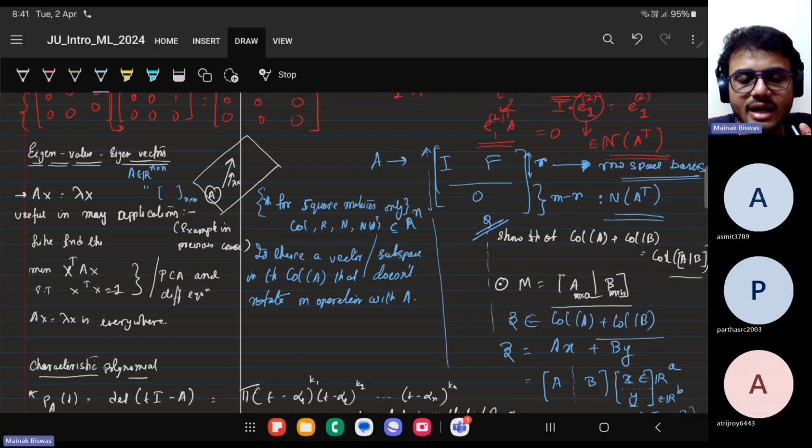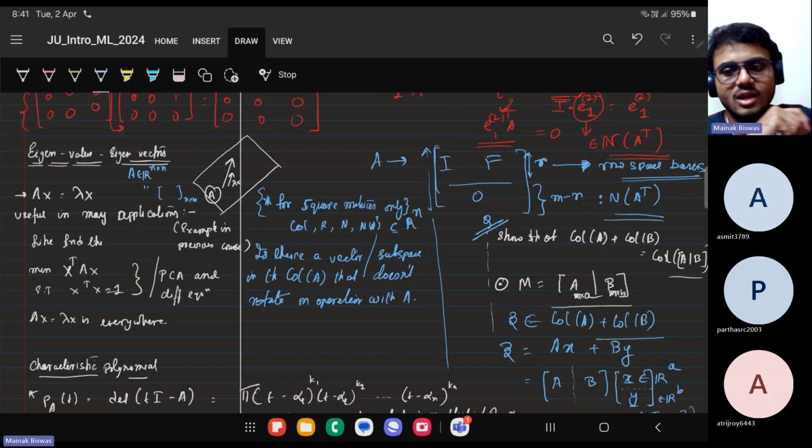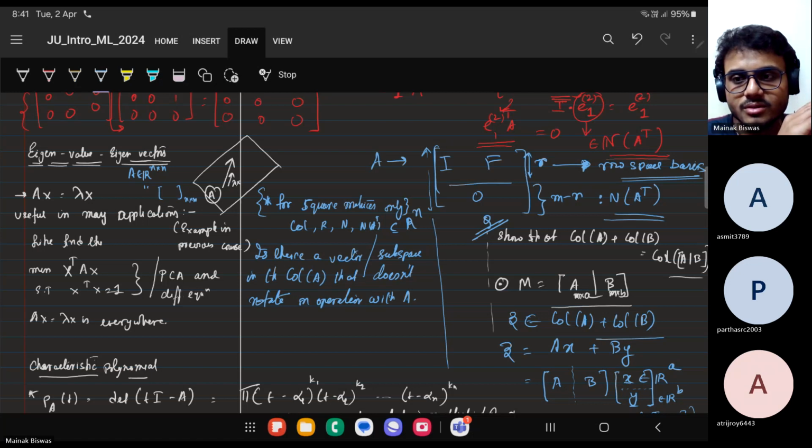And we saw that any multiplication of a vector will cause some elongation of the vector and also rotation of the vector, right? These two are the only things that can happen to a vector when you multiply with a matrix. You can either elongate it, shrink it, or change the direction of the vector. There are only two things associated with a vector: one is the magnitude and the other is the direction. Yes or no? So I am saying the direction does not change for the vector. So what would you say for those vectors?